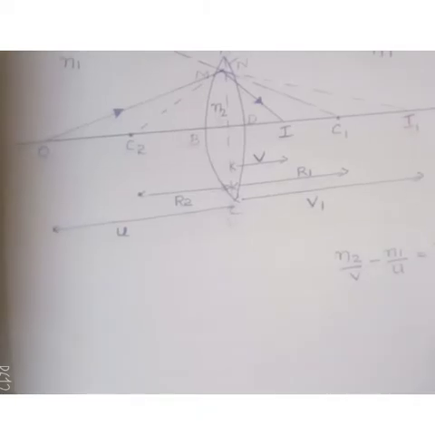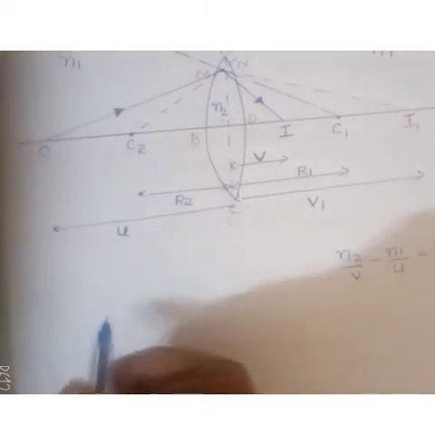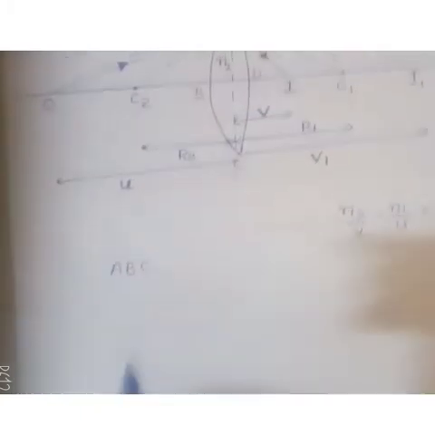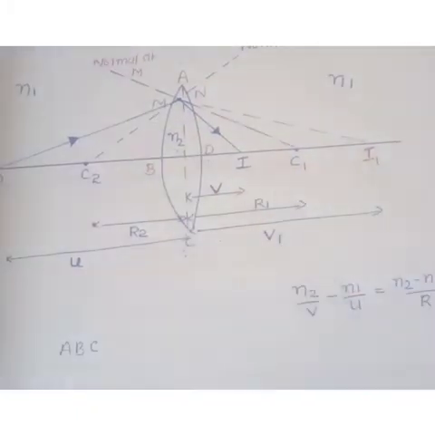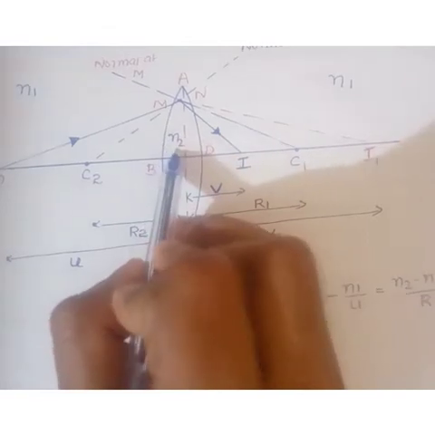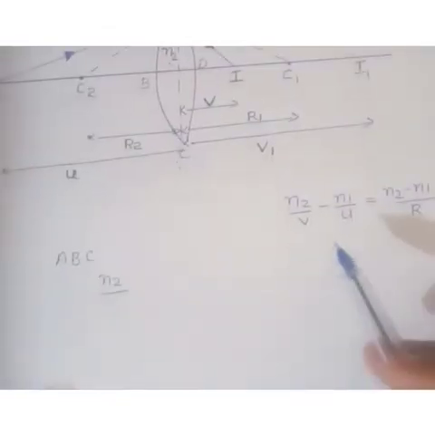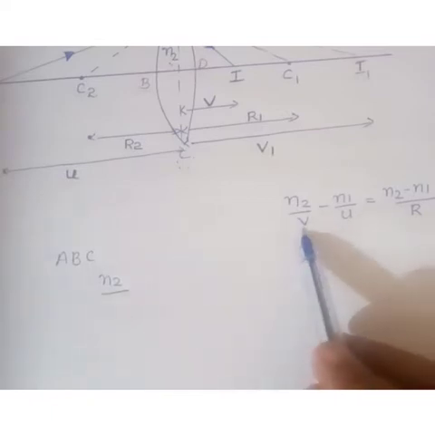So tell me what's the relation? At the surface ABC, first we have to write N2 divided by the image distance.